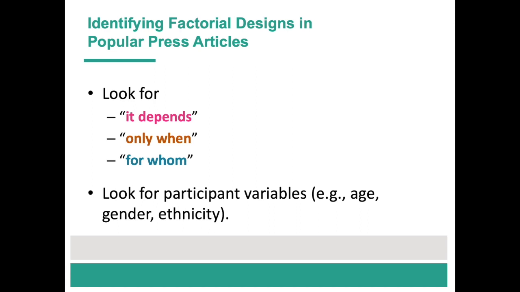There's also things to look for in participants. So age, gender, ethnicity, those things are often used as moderators, as interaction variables. So it may be like what we saw with the cell phone, that the effect of cell phones may depend on or don't depend on age.